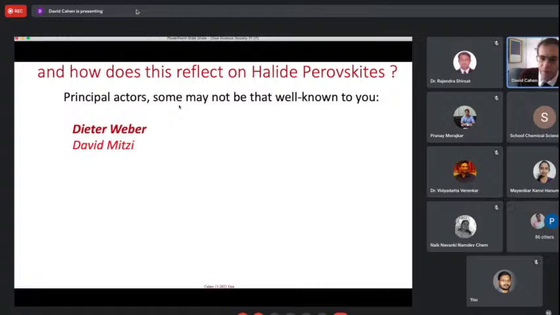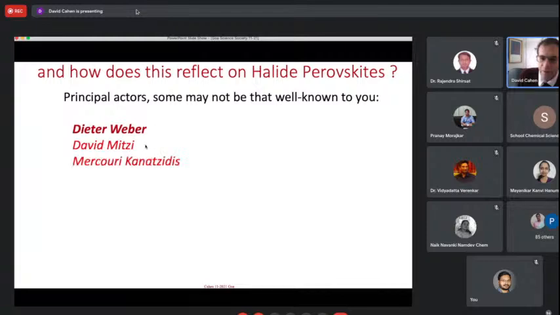David Mitzi, in the 90s and early 2000s at IBM, pursued their study, finding ways to prepare them and also being able to make transistors out of them. He was the second to get light emission out of them. The first one was a Japanese paper in 1994.